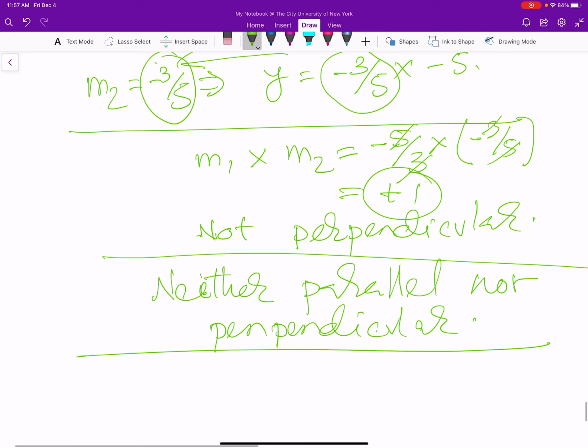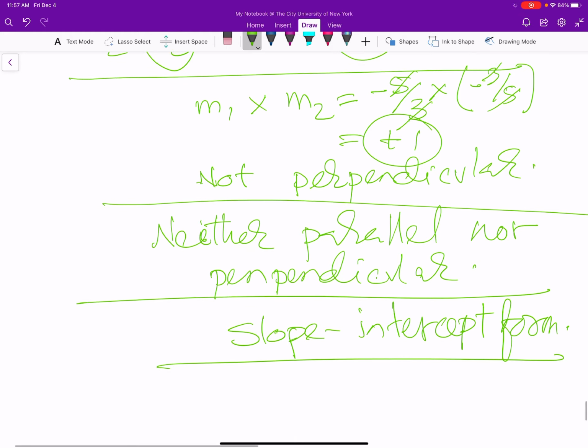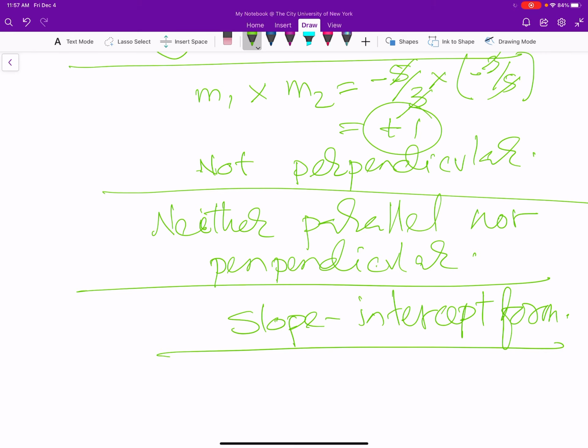If you are given two equations, you have to convert them into slope-intercept form and compare with those two properties. If they're equal, they're parallel. If their product is negative 1, they're perpendicular. If neither, they're neither.